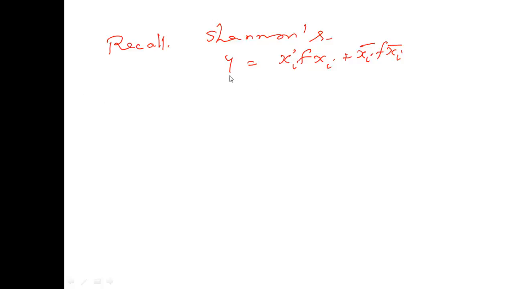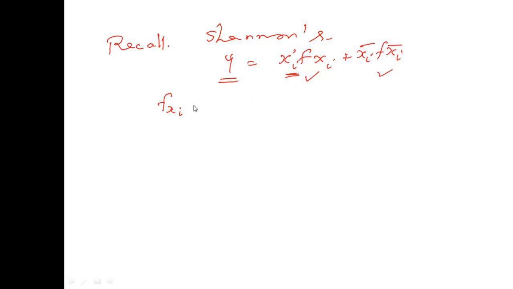In this, as you can see, the output can happen either with this or with this, if at all xi has to have any influence over y. That means if xi is 1, it will have a certain f of xi and it will reflect here. Otherwise, if xi is 0, it may have an influence on f of xi bar and it would have y to be affected.